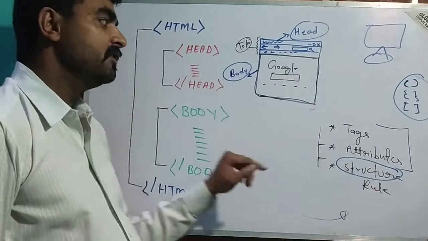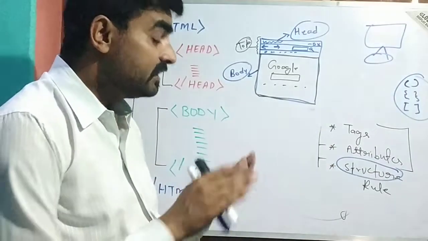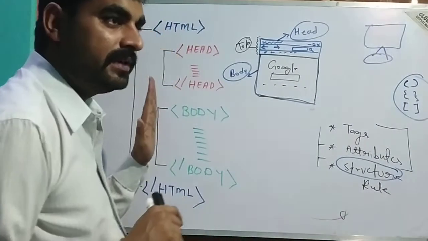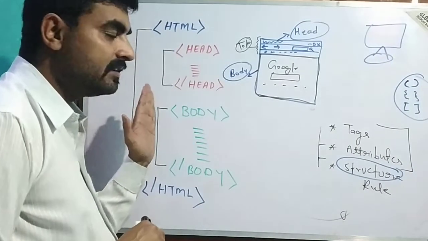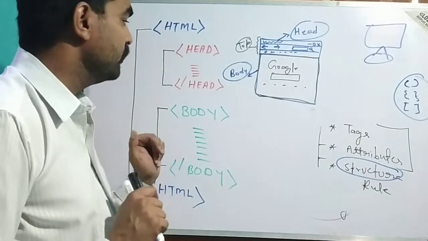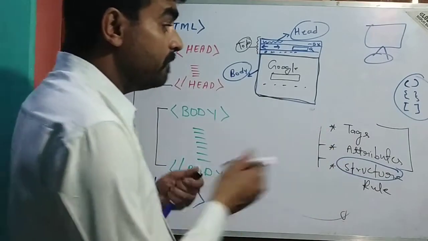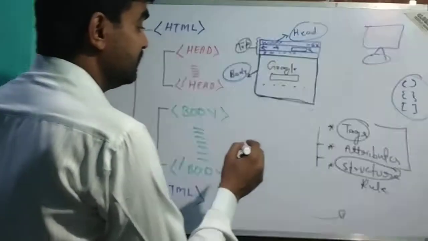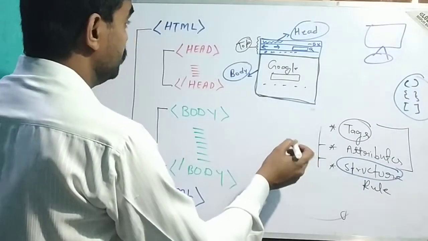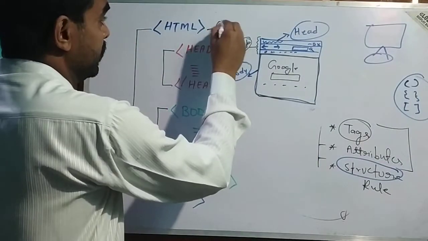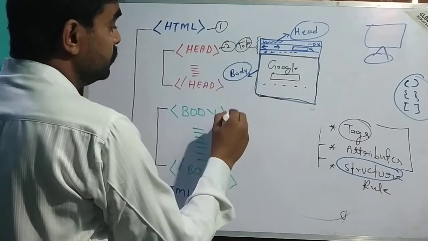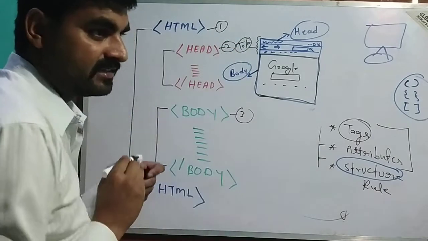In the previous video I told you the basic tags for the beginner which will help you to create a simple web page. So in the series of those tags I have given you 1, 2, 3 tags.